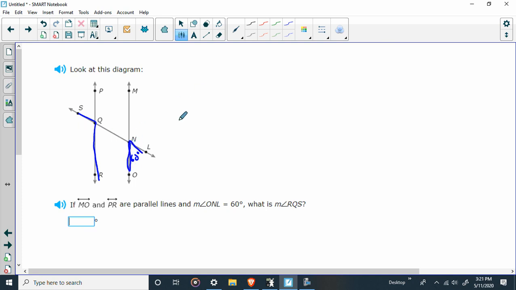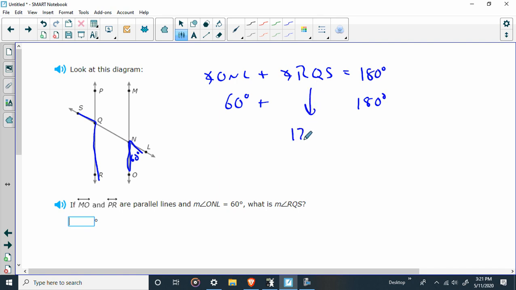So angle ONL and angle RQS together have to be 180 degrees. We're mixing and matching: one is acute, one is obtuse. If ONL is 60, what do I have to add to 60 to make 180? Most of you should know that's 120 degrees. If not, you subtract 60 from both sides. But I know that 60 and 120 makes 180.